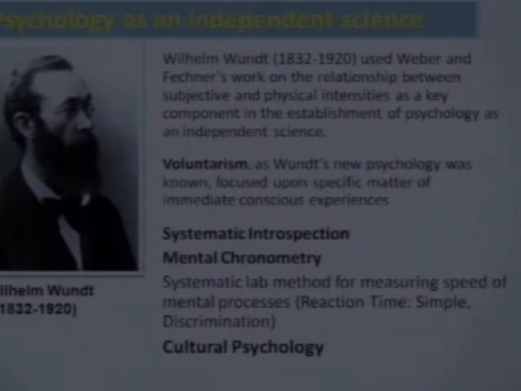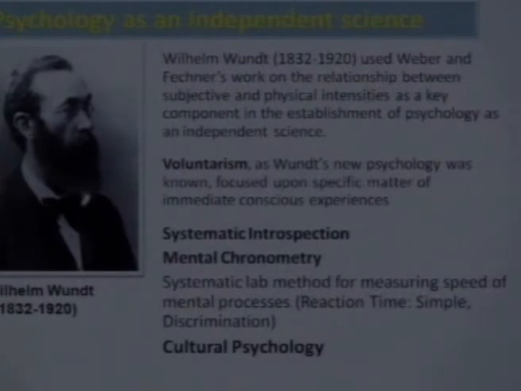He used to take verbal reports from subjects on their experiences, and by this work they were purporting to know the components of consciousness. Voluntarism was the system of Wundt, which was known at that time, focused on immediate conscious experience, and the method that Wundt used was systematic introspection, that is, looking into oneself.